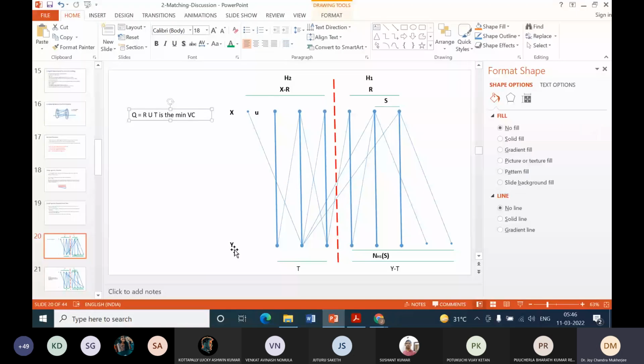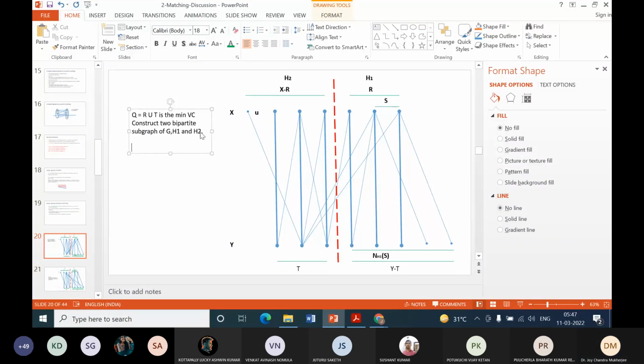R is the set of vertices from X which is in the minimum vertex cover. Now I create two bipartite subgraphs of G, H1 and H2. Construct two bipartite subgraphs of G, H1 and H2. How? So what is H1?